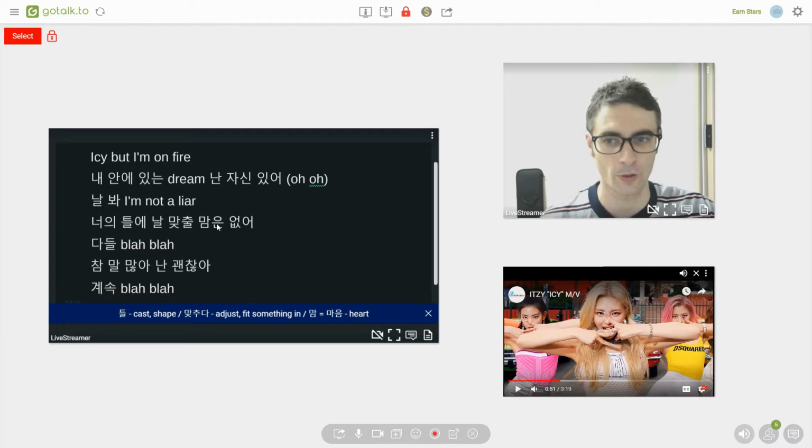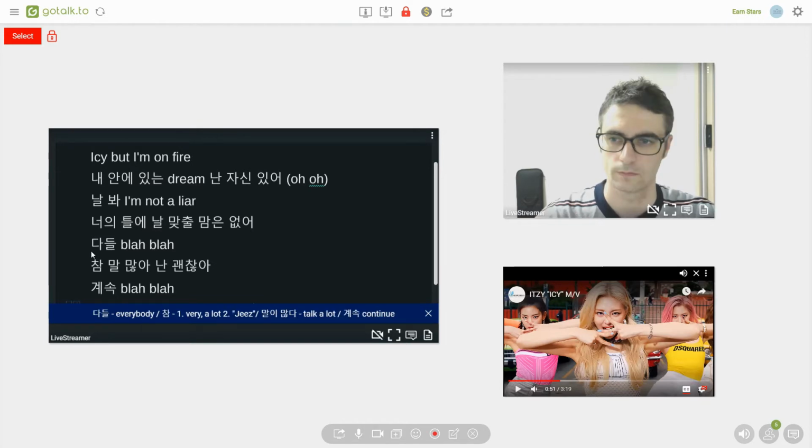If you want to know more about that, I recommend looking at some grammar sites because it's quite a deep topic. But the important thing to look at here is that 맘 is short for 마음. And 마음, you've probably heard in many other songs, usually means heart. But when you say 마음은 없다, that means you have no desire to do something. So it means I have no desire to fit in your box or your cast or your mold.